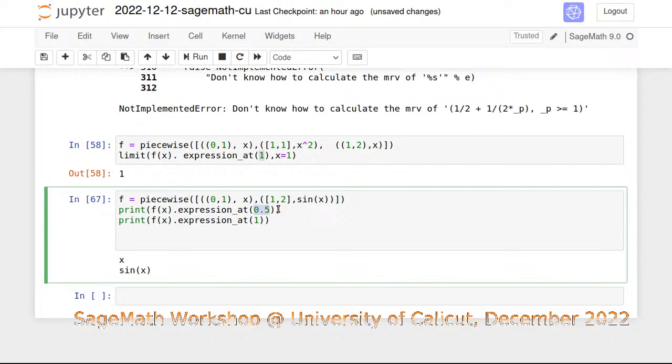Now I can do that because I know the function, I can see the function. To determine the continuity at x equal to 1, I can take a small value to the left of 1, but that small value itself is not very easy to determine.